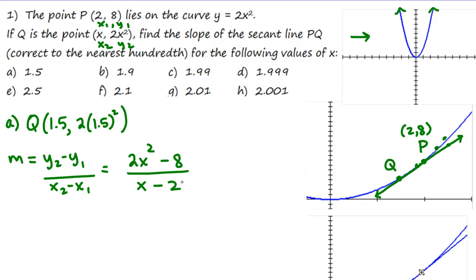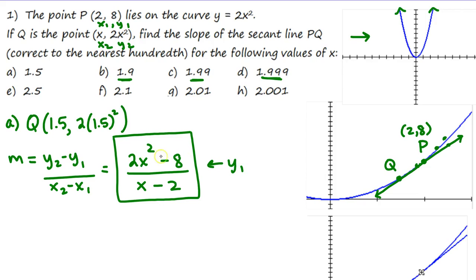So for this problem, this is your formula for slope. Every time you want to find a slope with a different value of x, you just plug it into that formula. In the calculator, we're going to put this into y1. Be careful, you need to make sure that your entire numerator has parentheses around it and your entire denominator has parentheses around it. So let's do that.